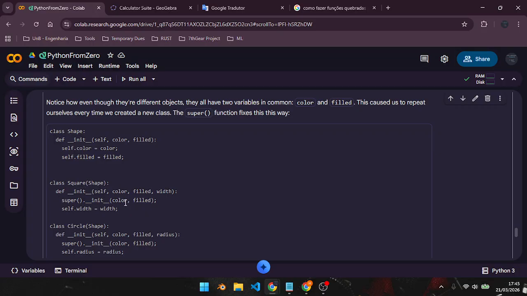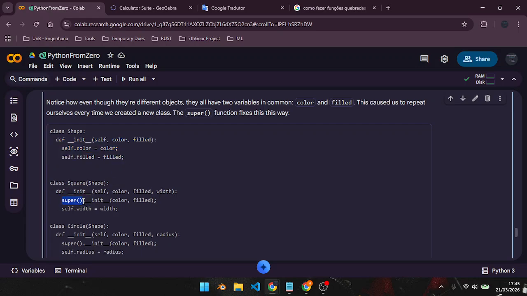And then I have the constructor here: color, field, width. Now if I only had this init here and I called it square without color and field, well, it wouldn't exactly work. What I'm trying to say here is that the only way that you could possibly run this code to have a color and field is through the super function.